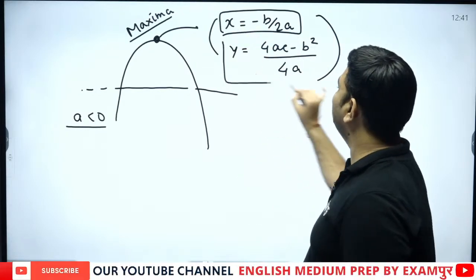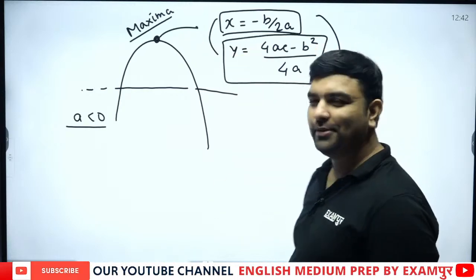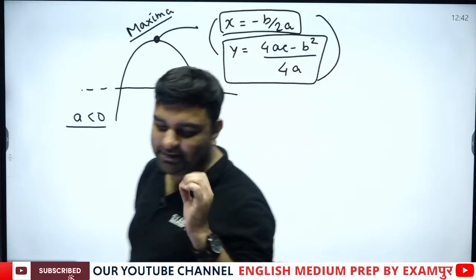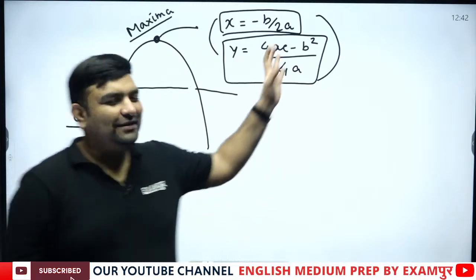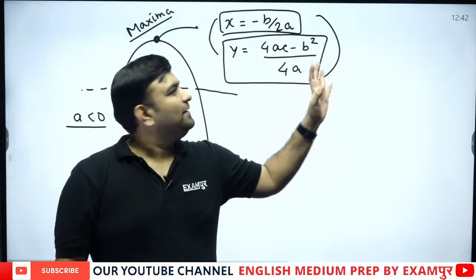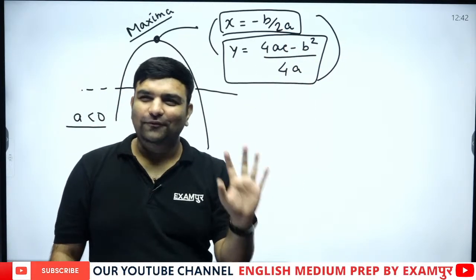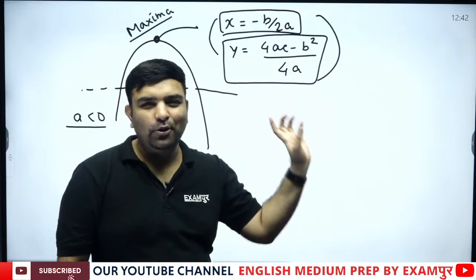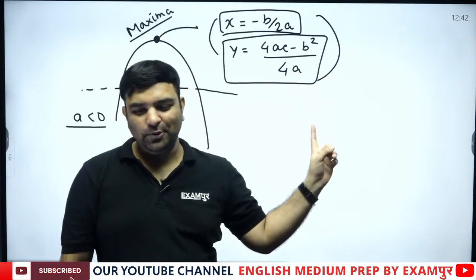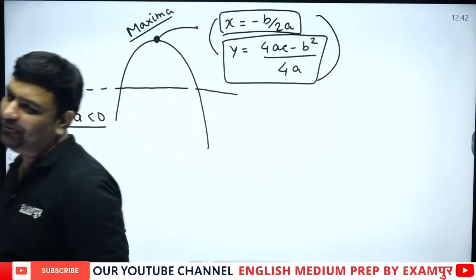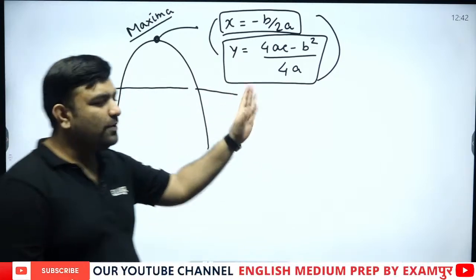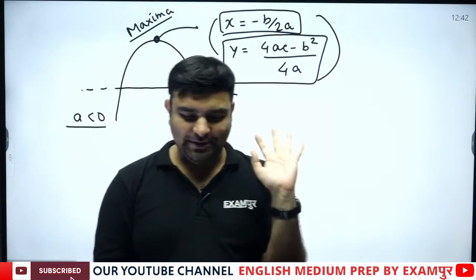And what is the maximum or minimum value: 4ac minus b square over 4a.